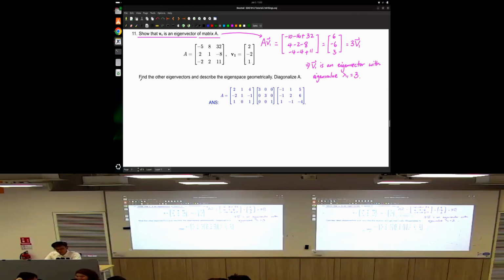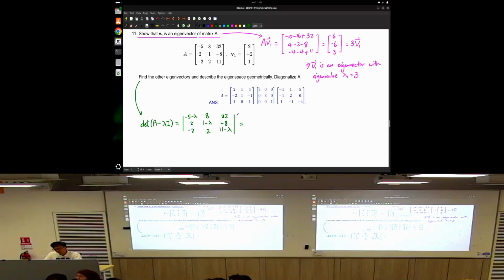For finding the other eigenvectors, you will need to painstakingly go through the process, which means the determinant. There's no shortcut that can be used here. The determinant of A minus lambda I, set it to 0. The determinant of A minus lambda I will be minus 5 minus lambda, 1 minus lambda, 11 minus lambda. This is a big hassle because you don't have any zeros. You can choose any of the rows or columns to multiply out.